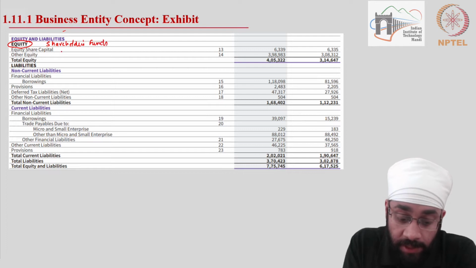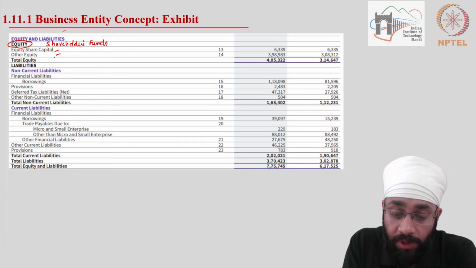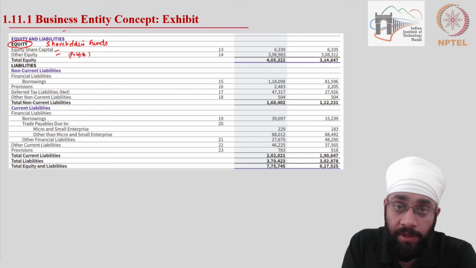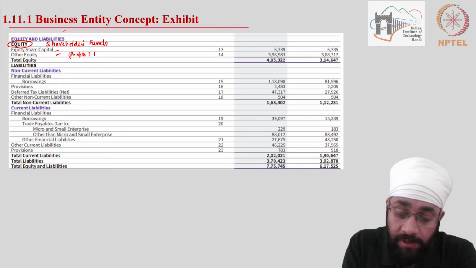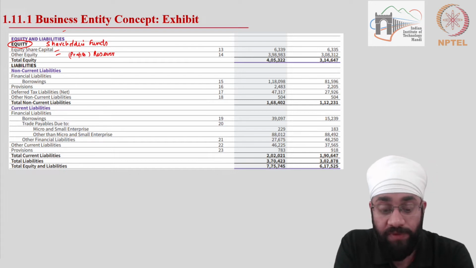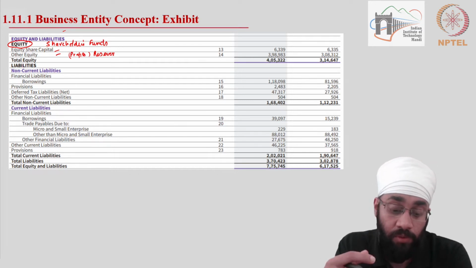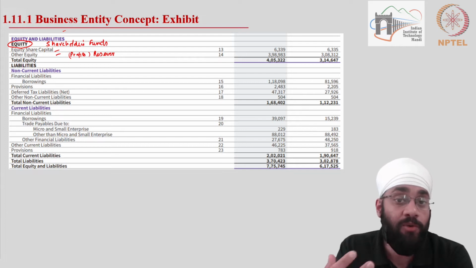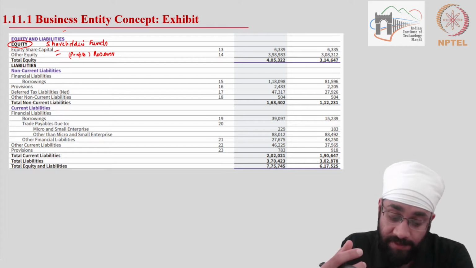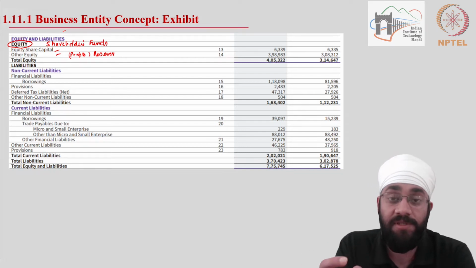Shareholders' funds, the money brought in by shareholders, and there is a head called other equity, which is essentially the profits which are accumulated over a period of time. This section has the reserves of profit that you accumulate over a period of time. Both of these are owed by the business to the owner of the business. So there you go. That is the business entity concept.